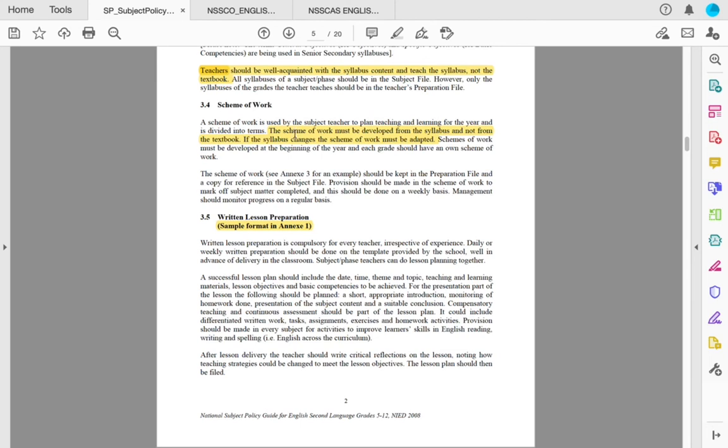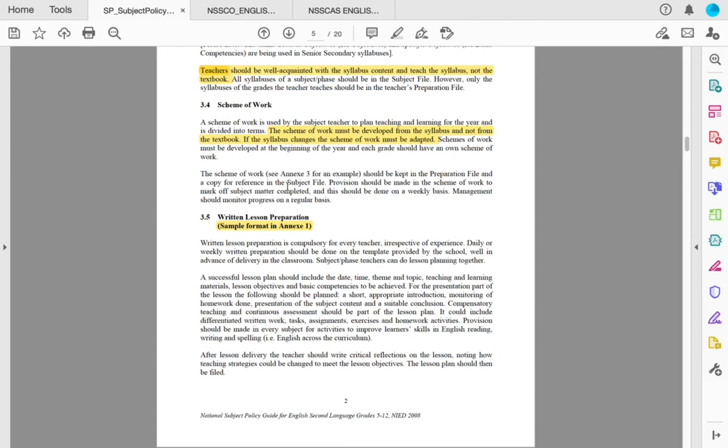So when you're doing your lesson preparation, you're supposed to be consulting your scheme of work, and the hope is that your scheme of work contains all the necessary learning content that has been stated in the syllabus. You don't want to miss out on anything, because you just don't know what they're going to assess in the end, and you have to make sure that the learners have acquired the values, attitudes, and skills that have been stated in the syllabus.